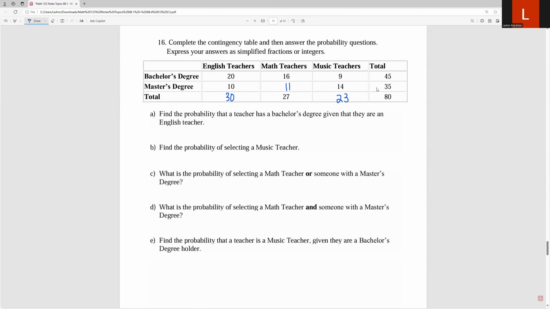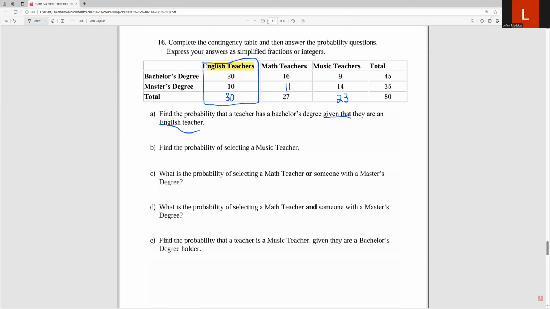Find the probability that a teacher has a bachelor's degree. Notice the keyword here, given that they're an English teacher. Okay, that means we're hyper focused on English teachers. We're only whoops, I did too much of the highlighting. I'll just have to release it. But we're just focusing on those English teachers.